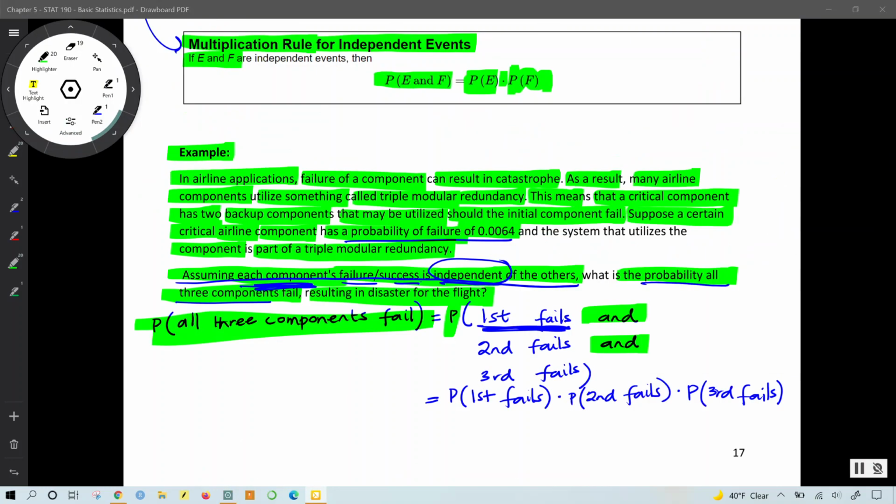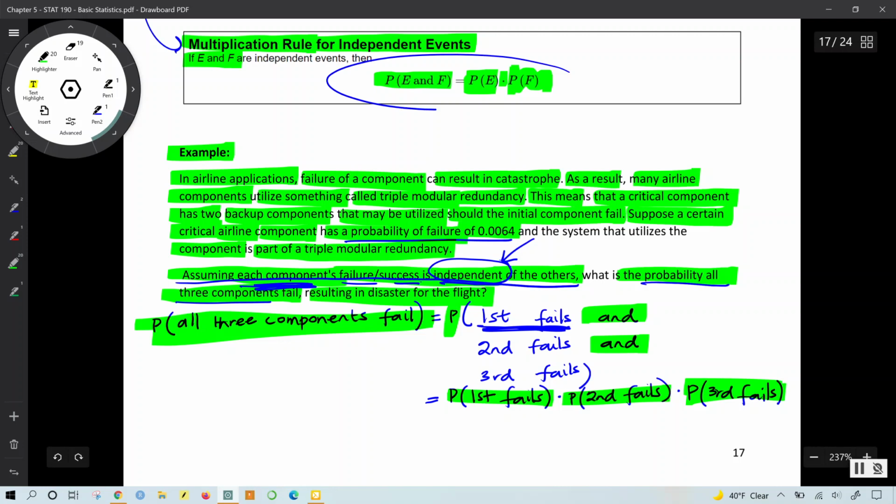The big question is, why can I write the probability of first fails times second fails times third fails? It is because the failure of the first, the second, and the third are assumed, according to the question, to be independent of each other.